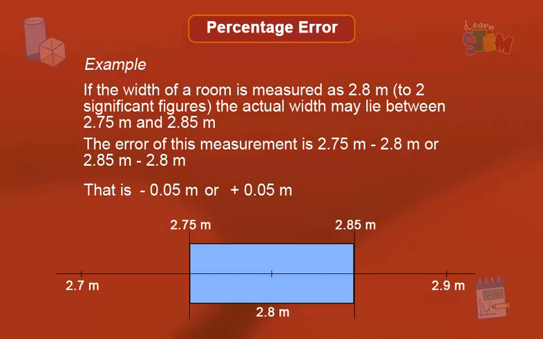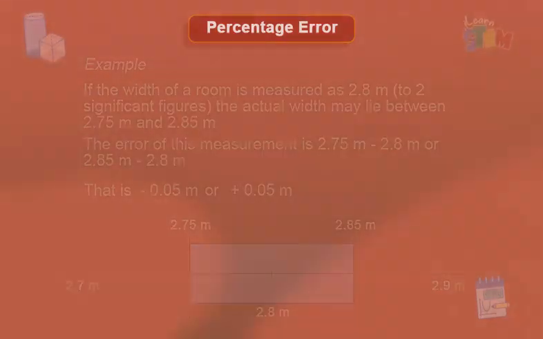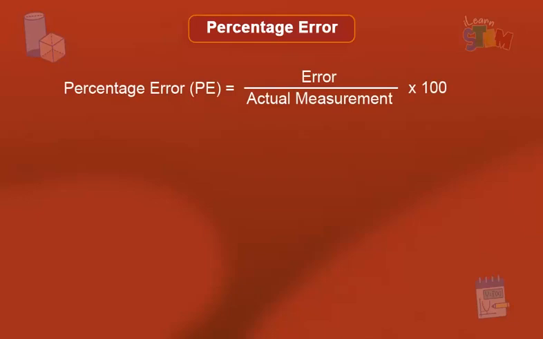Before we move on to solving this example, let's first state the formula for calculating percentage error. To solve for a percentage error, we use the formula. Percentage error equals error divided by actual measurement multiplied by 100.